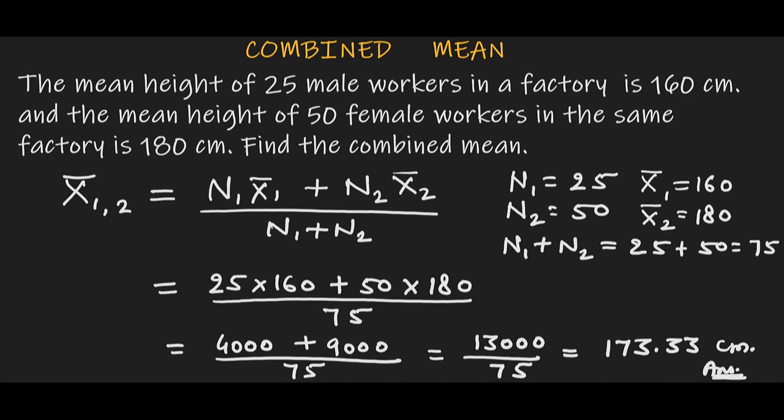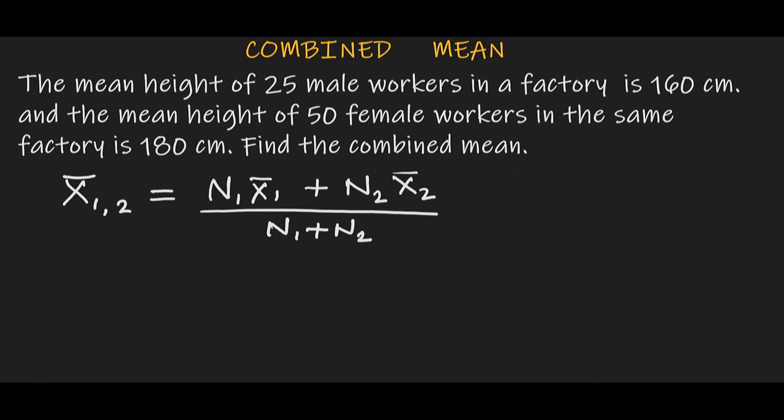We can solve this question of combined mean in an alternative way as well. For example, in that case, we will calculate the ratio between the number of male workers and the number of female workers. Let's see it also. So here n1 is 25 and n2 is 50.